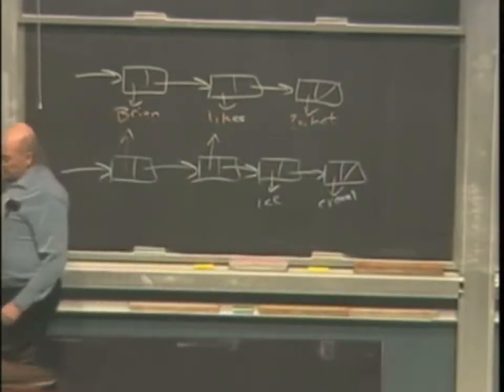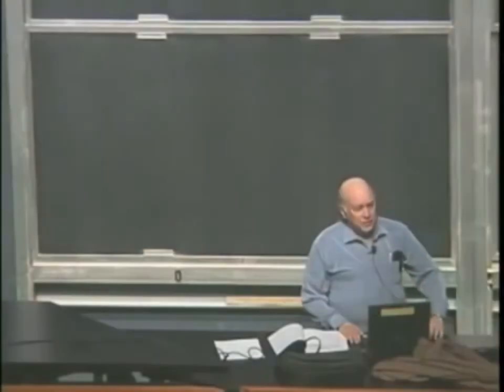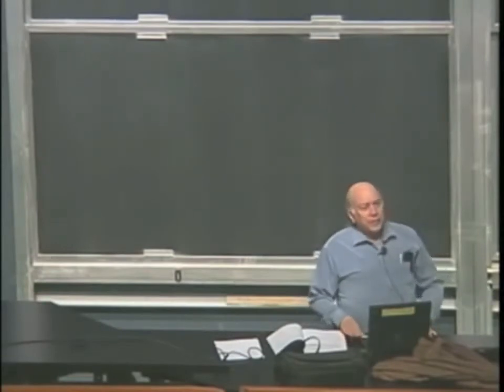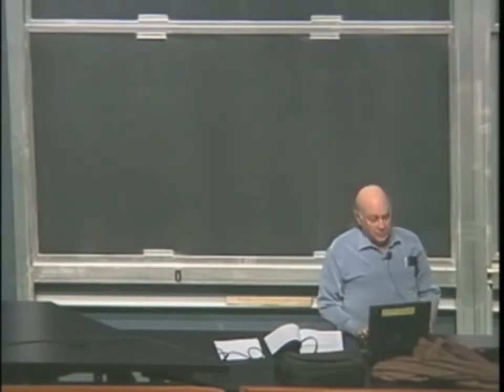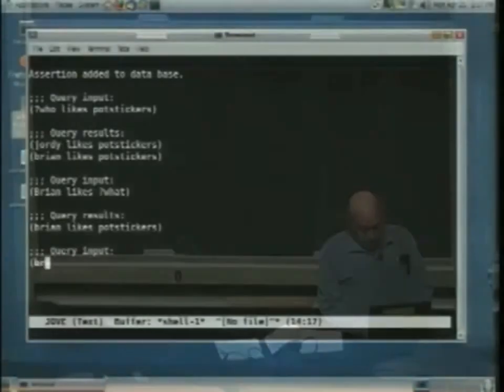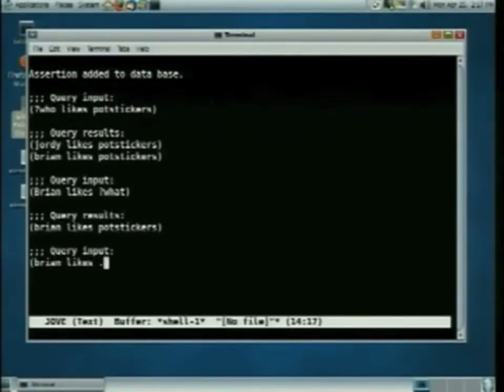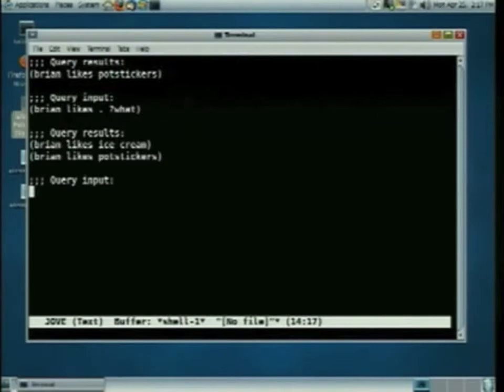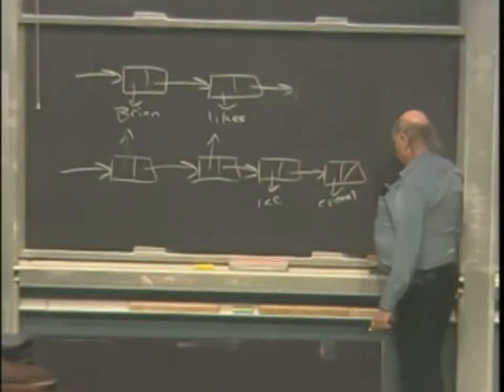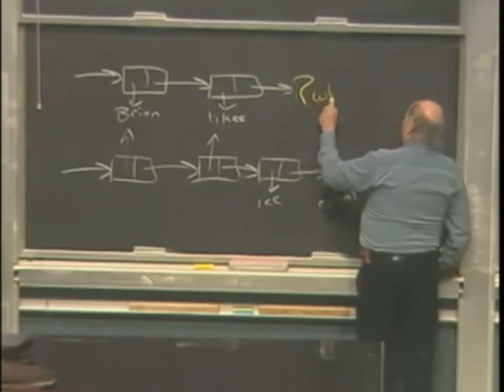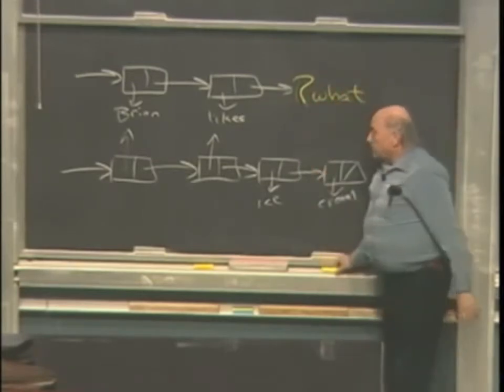So we could solve that problem by taking advantage of the notation that we have for improper lists. I'm going to ask the question, Brian likes . ?what. And now I get both answers, because instead of the three-element pattern, the query is Brian likes dot ?what.